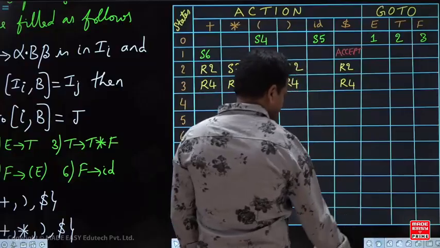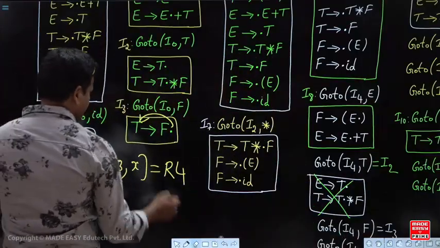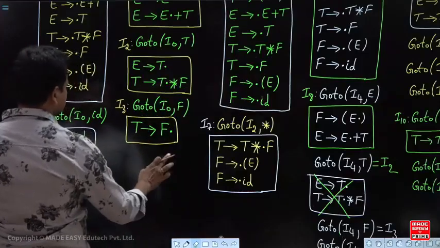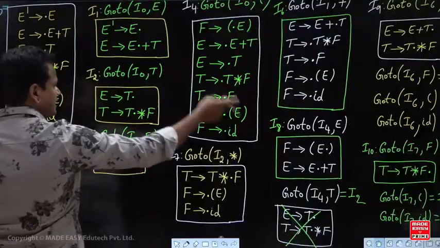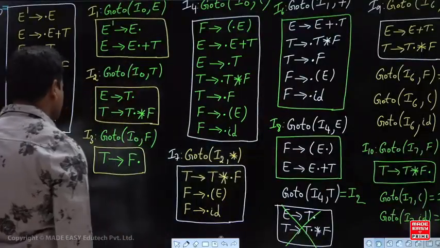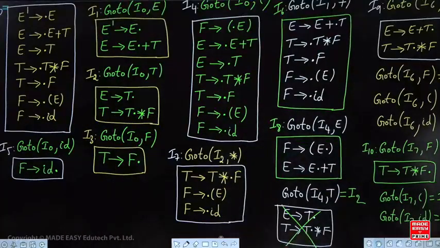We have done till I3. Then you start with I4, I5, I6, I7, I8, I9, I10, I11. So in total we have 12 states. So already I have done 33.33%. You do the remaining.